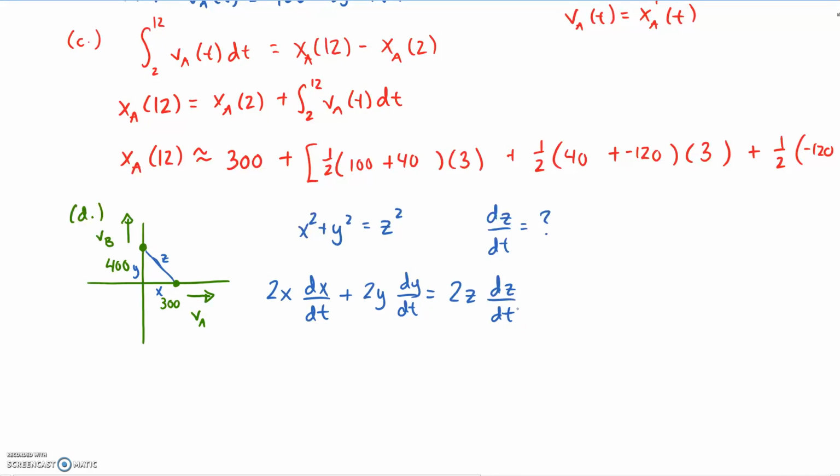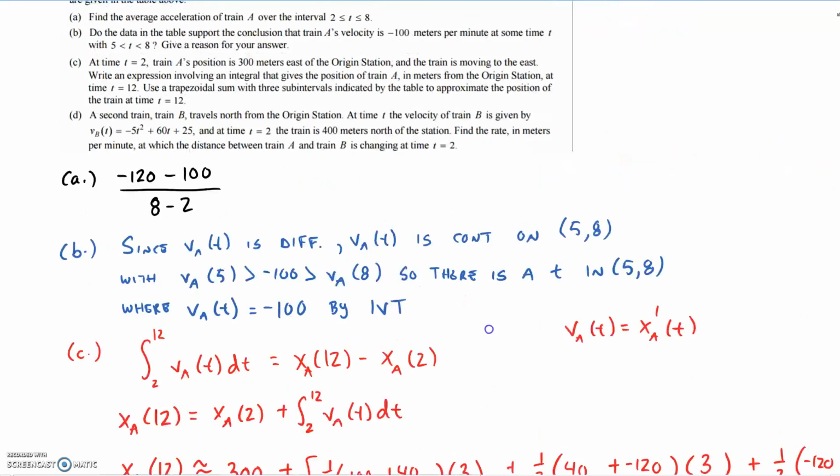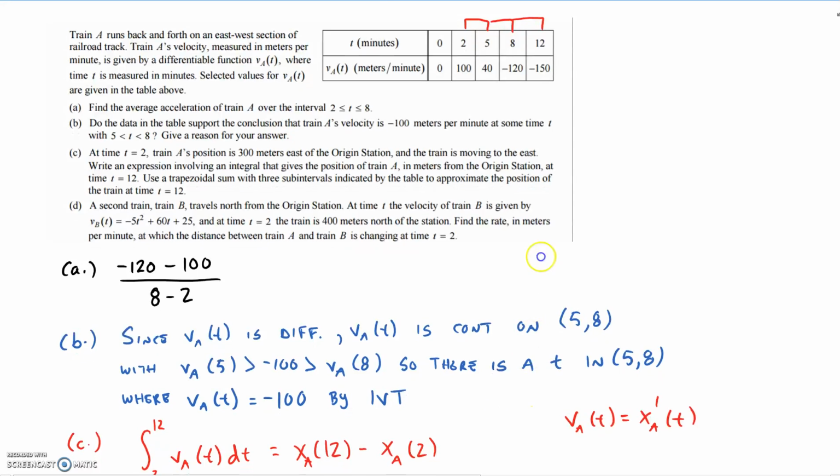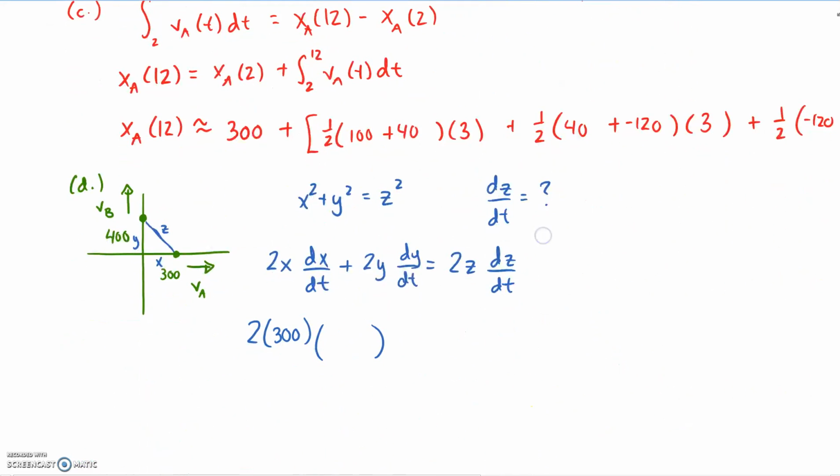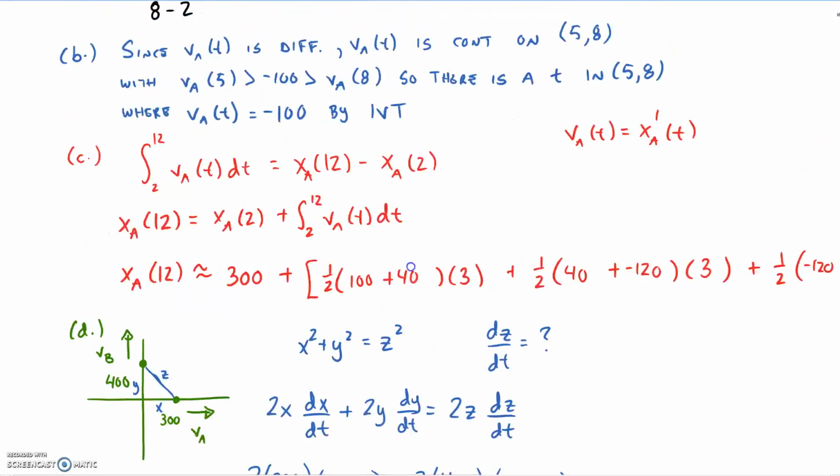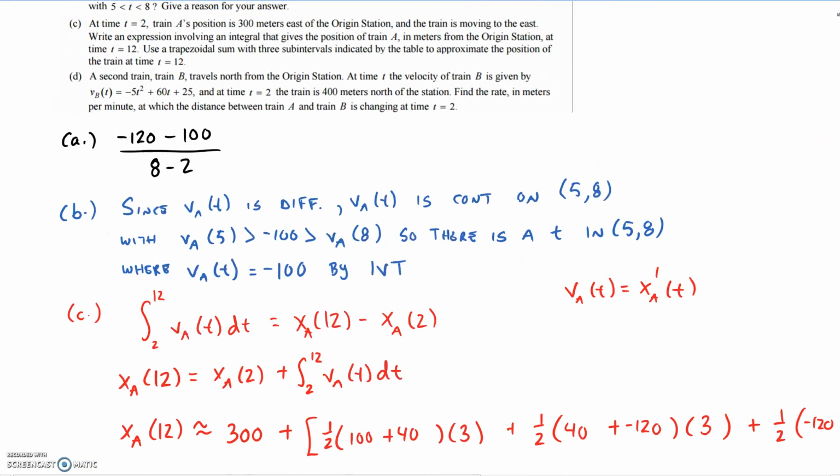And then we could start filling in things that we know. At time t equals 2, x is 300, dx dt from the table at t equals 2 is 100. dx dt is the velocity of A. Plus 2 times y is 400. dy dt at time t equals 2 is going to be given by this equation, v sub b of t.